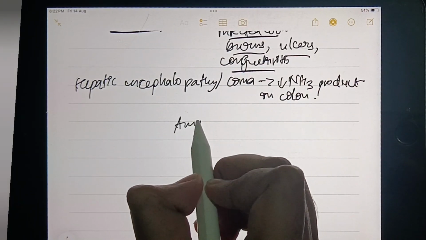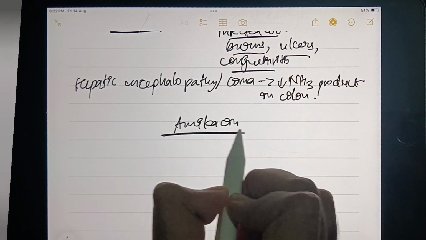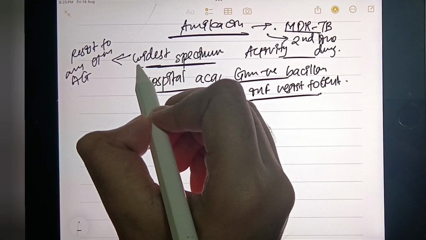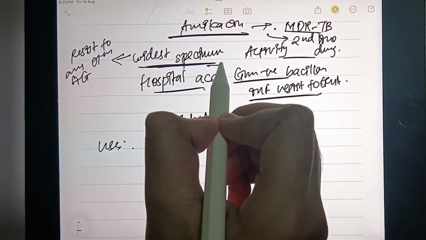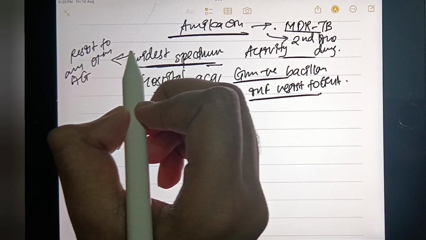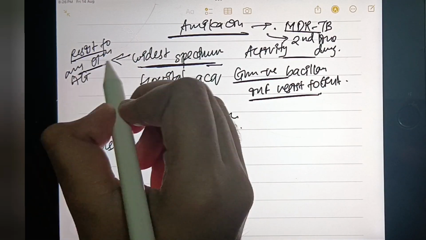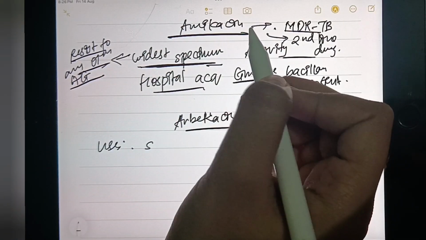So, the fourth drug will be amikacin. So amikacin has a wide spectrum of activity because it is active against many organisms resistant to other aminoglycosides.